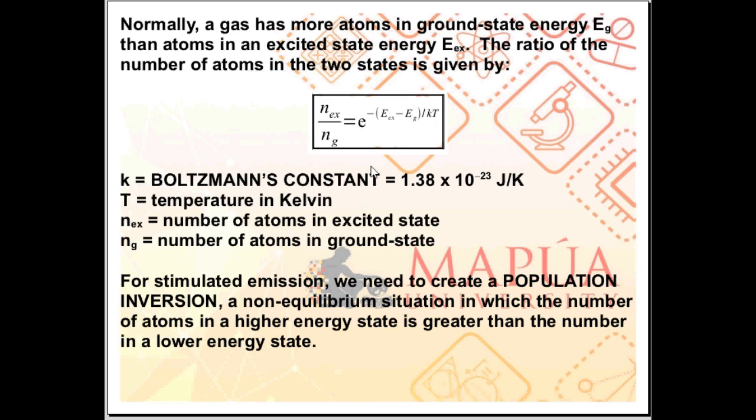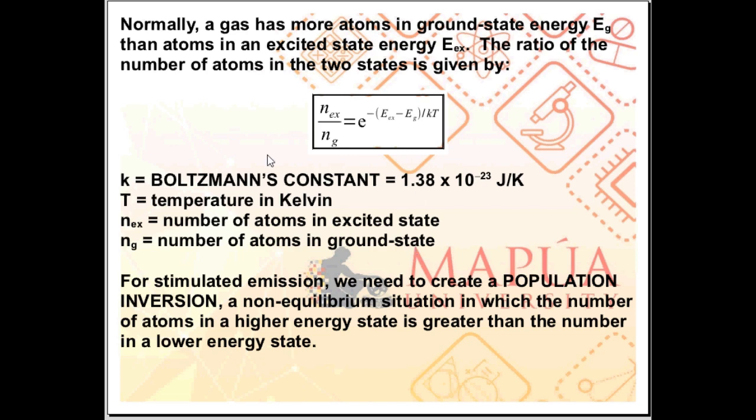K is the Boltzmann constant equal to 1.38 times 10 to the negative 23 joules per kelvin. T is temperature in kelvin. Nx is the number of atoms in the excited state, and Ng is the number of atoms in the ground state.